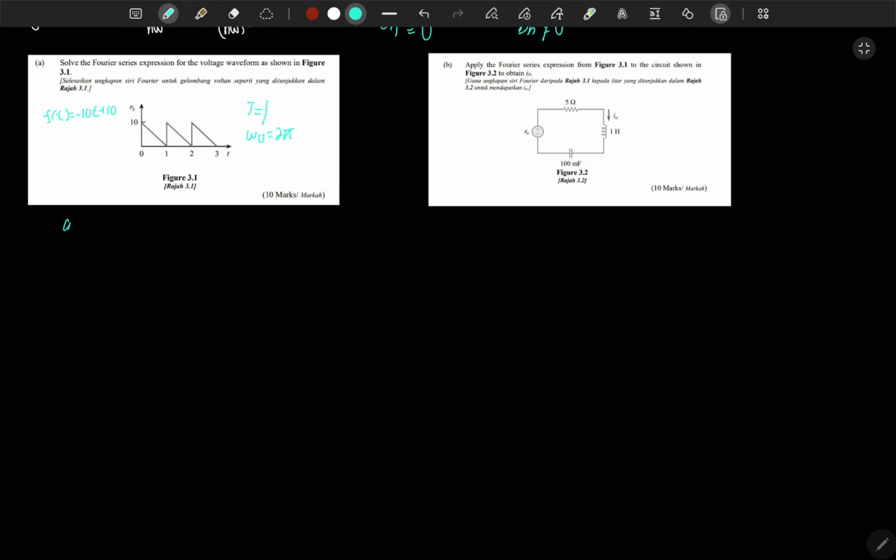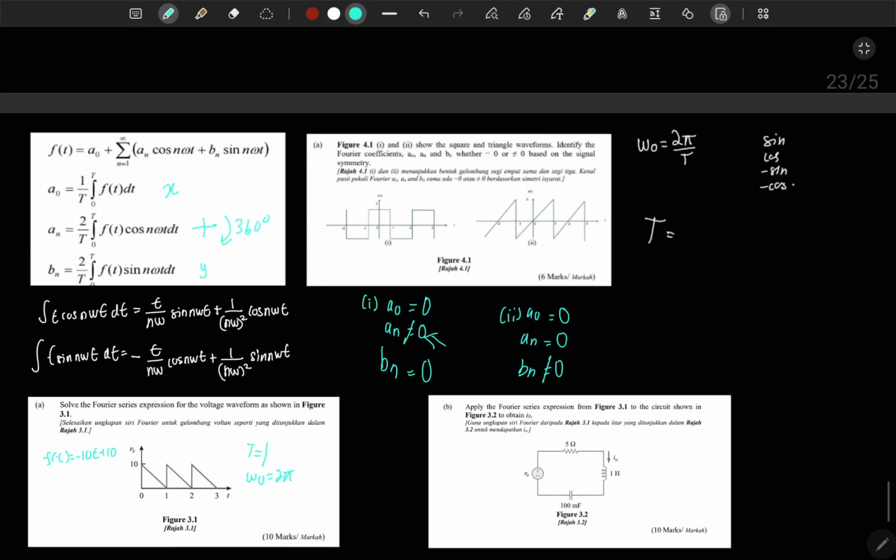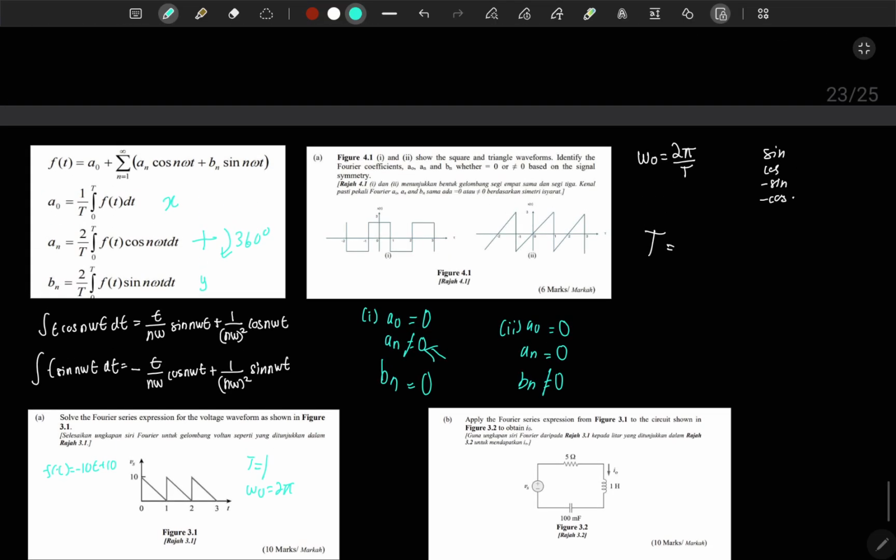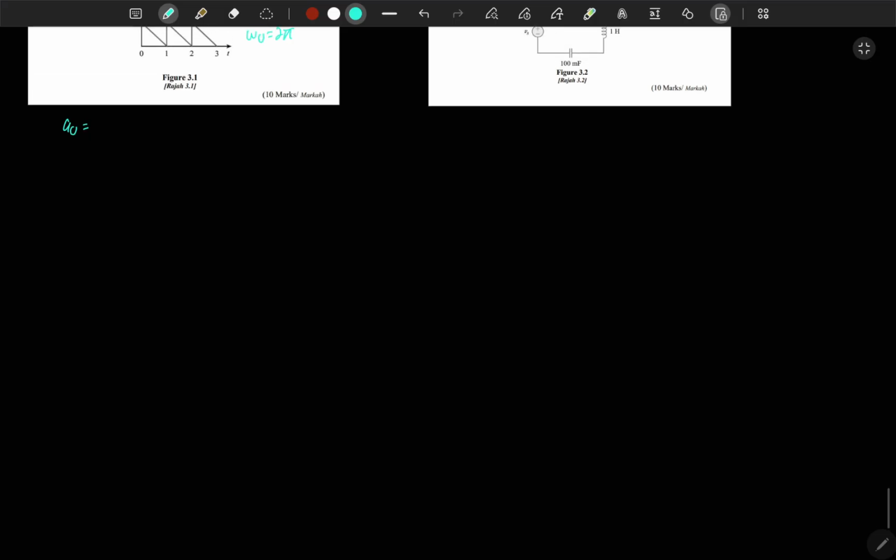Now let us do a0 first. This is the formula for a0. I don't want to write it back, so I'm going to skip that step. You can refer back above. Now a0 is equivalent to 1 over 1 integrated from 0 to 1 of negative 10t plus 10 dt.